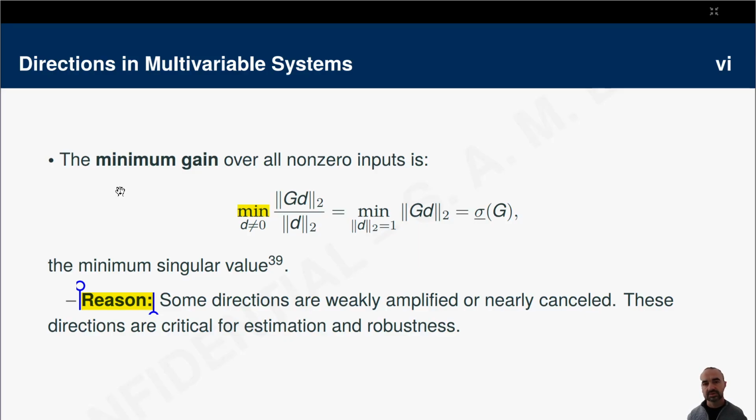Let's see how this relates to sensors. If your sensor array is aligned with a weak output direction, you will struggle to measure what matters.